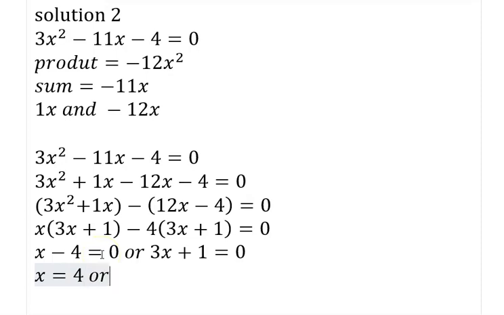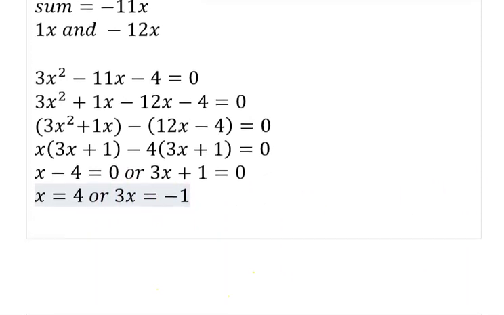Or now here we have 3x plus 1. If this plus 1 comes out first, it will be minus 1. So we'll be left with what? 3x equals minus 1. Awesome. So this one, we are through with this x equals 4, but this one we are not through yet, because we want to make x the subject of the formula. That means we are going to divide here by 3 and here by 3, so that our x can stand alone.